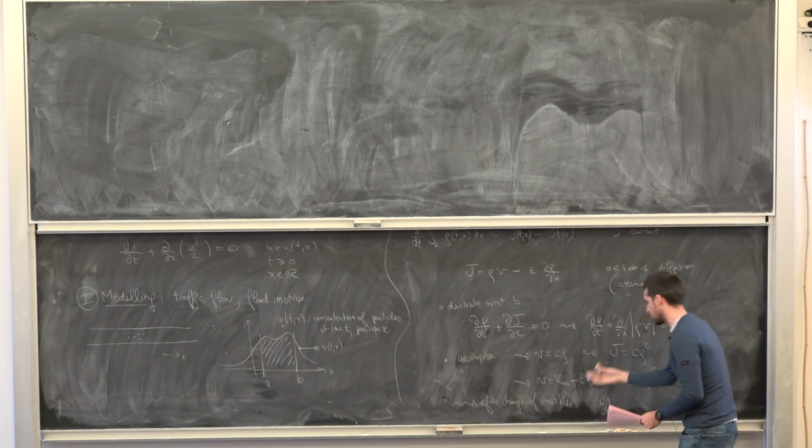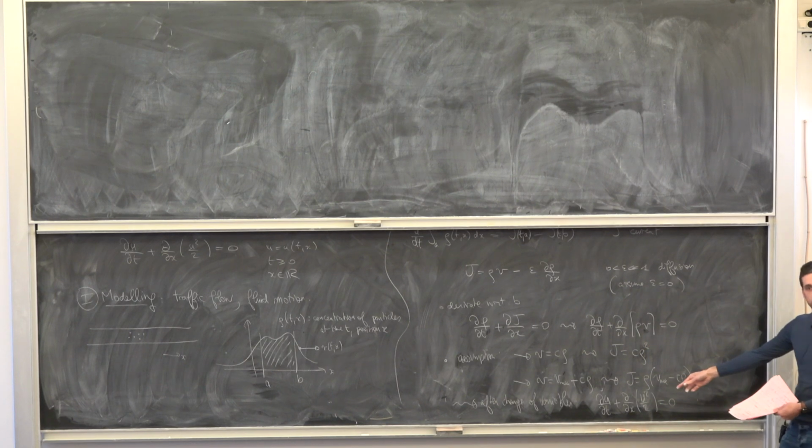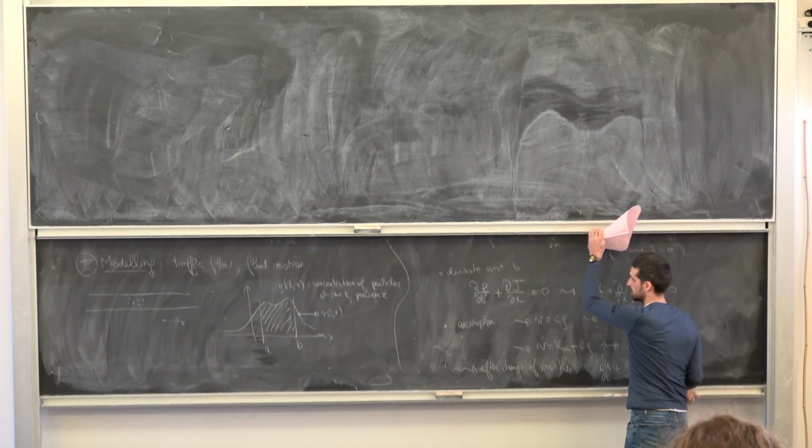So we call our new variable that we have done some transformation about u, and we get du dt plus d dx of u squared over 2 equals 0. This is just one specific choice of a parabola, but they're all the same once you change variables.